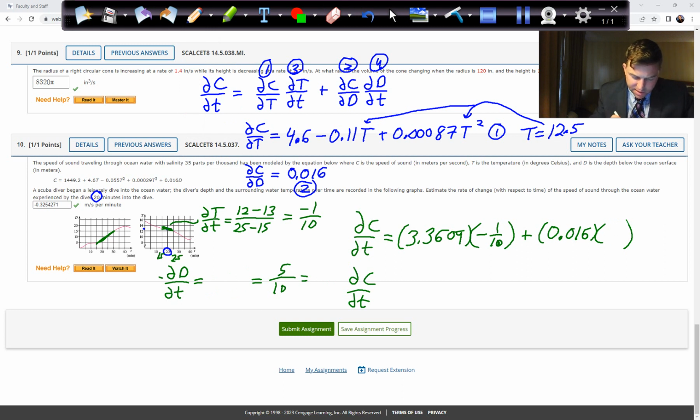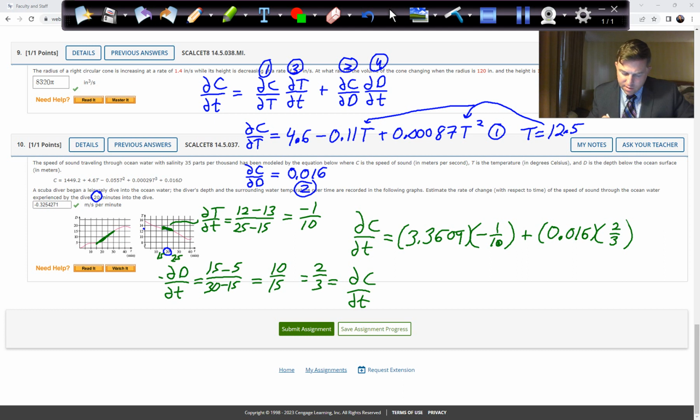it goes up to 15 now, and it still goes down to 5. But now the timeline is different. It's 30 minus 15. And so we end up with 10 over 15, which is 2 over 3. There we go, that's better. So 2 over 3. Now, if you do this, you get... that's not equals.